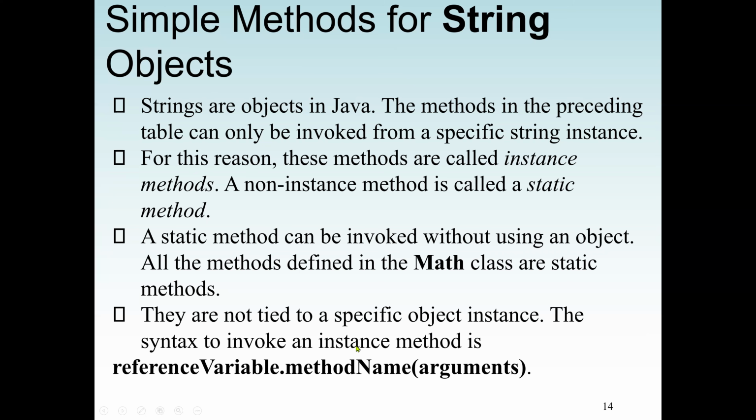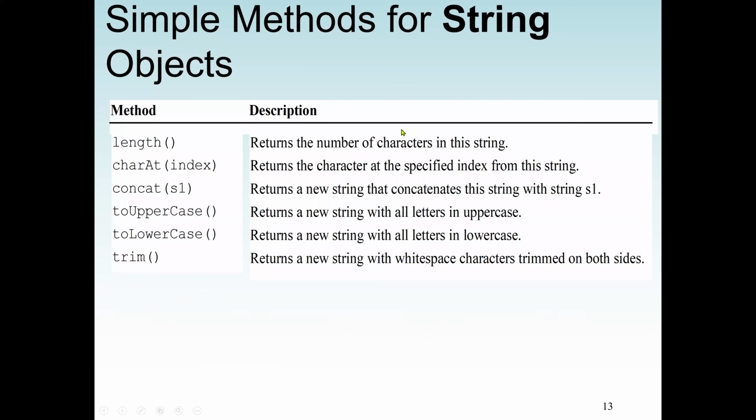The syntax to invoke an instance method is the reference variable, period, the method name, and arguments. Again, we may go into this from the beginning when we get to what is called a constructor, then we go to inheritance concepts. So for now, we should know that a string is an object. As we saw in the string methods previously, there was no argument of the string type, unlike the character methods, for example, where the argument is ch, the variable content.